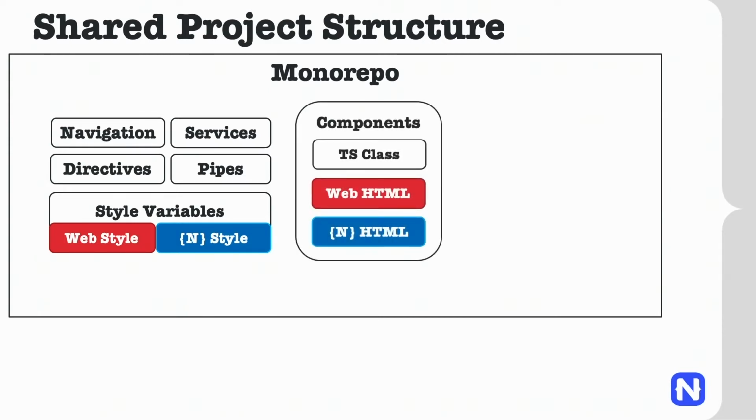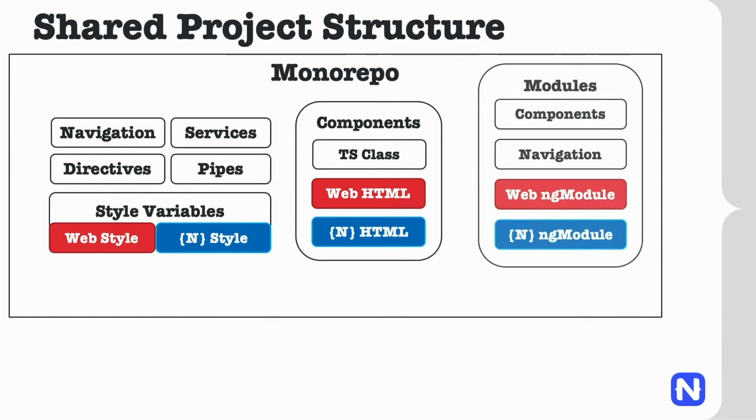Then we would keep all our components within the same project. And then most likely you'd be reusing the TypeScript class of the component, but you would have two separate HTML files, one for web, one for mobile. And then last but not least, you can also share a lot of the modules. So if you're using lazy loading for your modules, then the modules themselves can share the components.